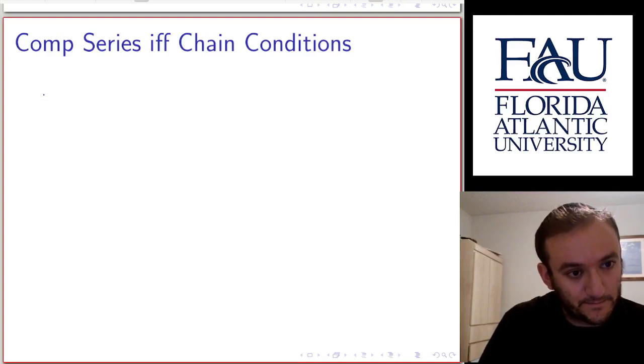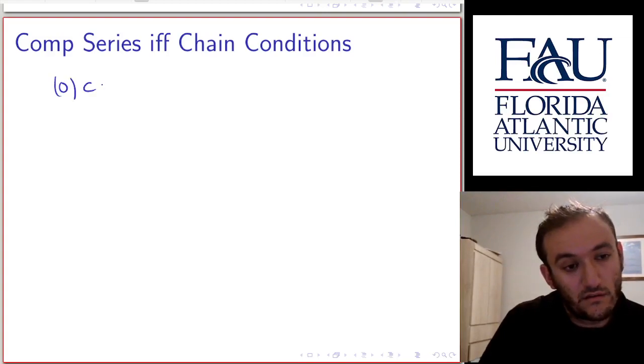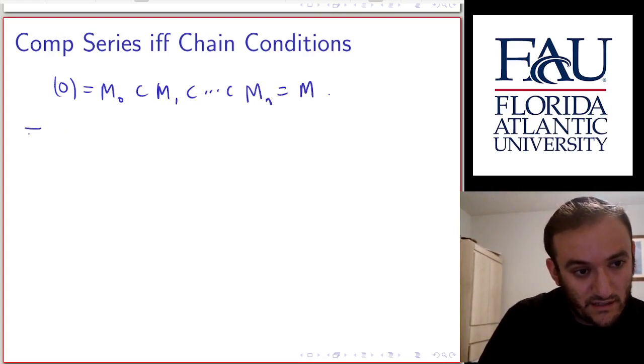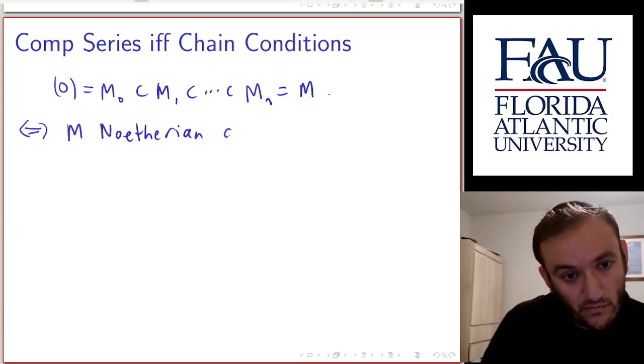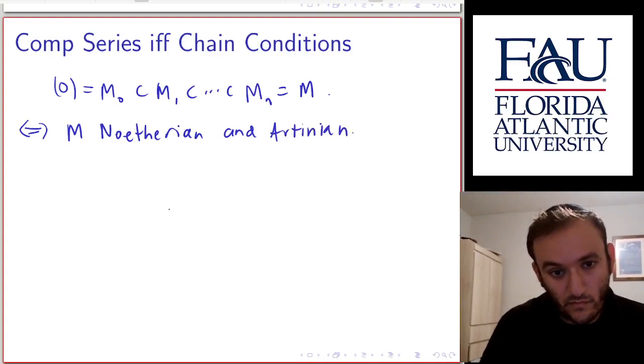So if you take M, you have 0, which is equal to M0 contained in M1 up to Mn, and this is equal to M. So we want to show that this is true if and only if M is Noetherian and Artinian. Okay, well, in one direction, it's going to be pretty easy.